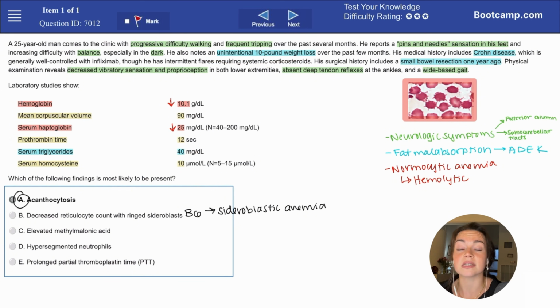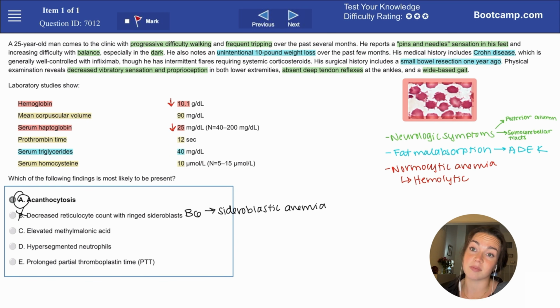Although vitamin B6 deficiency is not an unreasonable thought because vitamin B6 is absorbed in the small bowel and this patient did have a small bowel resection. Ultimately though, because we have posterior column dysfunction and a hemolytic anemia, we don't have those other dermatologic findings that we sometimes see with a B6 deficiency. I'm just overall less convinced by option B, so I'm gonna rule that one out for now.